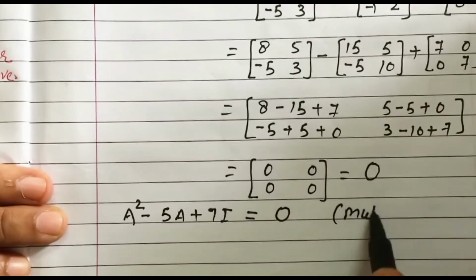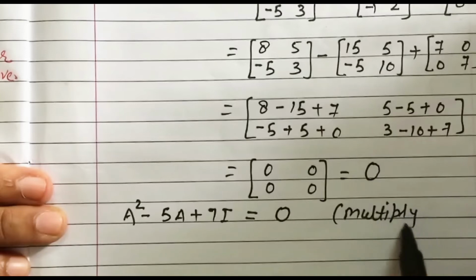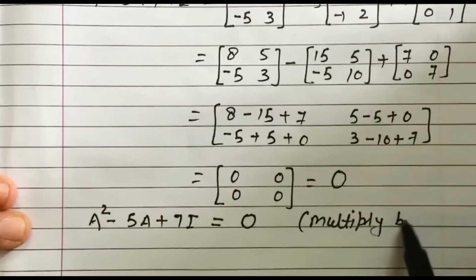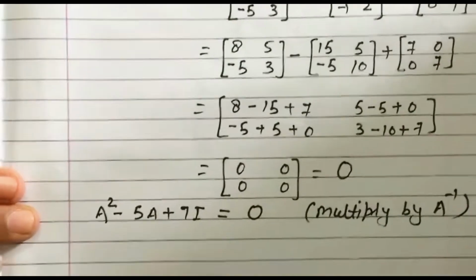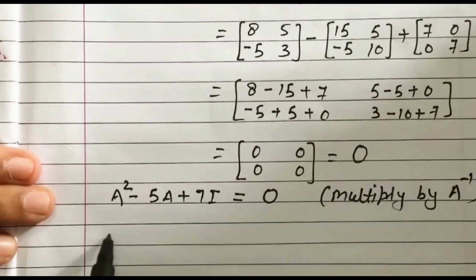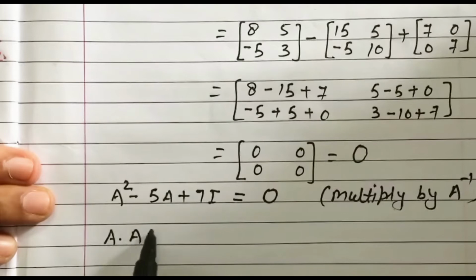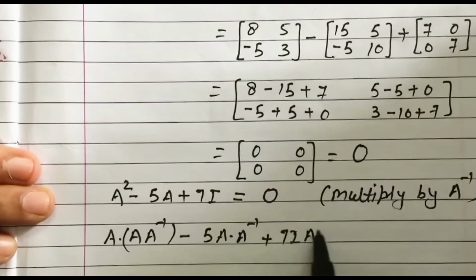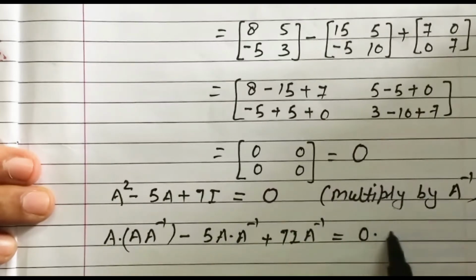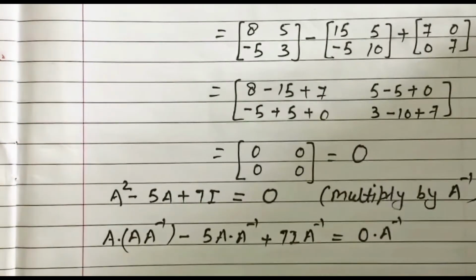Now multiply by A inverse. We will get A into A into A inverse, minus 5 A into A inverse, plus 7I into A inverse, and 0 into A inverse is a 0 matrix.